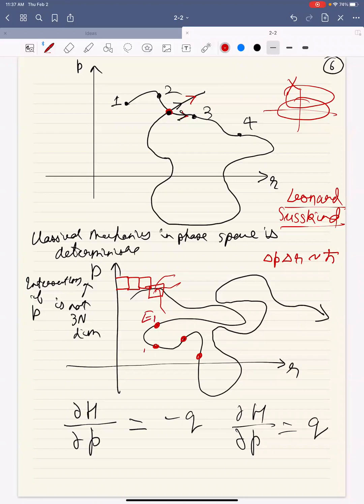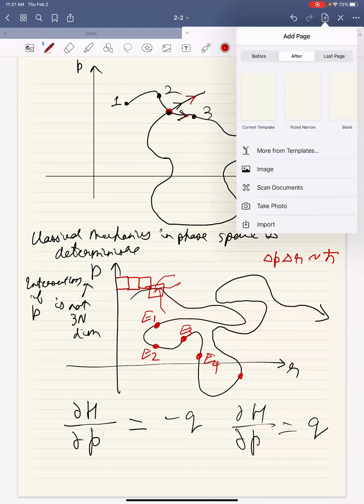You make a measurement over here, you call it E2. You make your measurement over here, you call it E3, E4, and you keep doing it, right? And the value that you measure in an experiment of any observable O, it could be energy, it could be anything that is a state function. O is any state function.